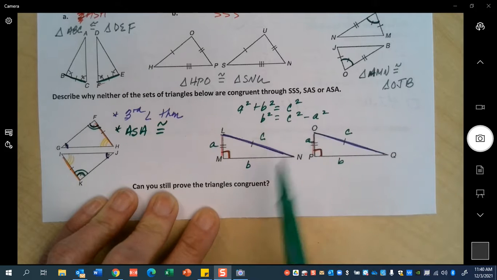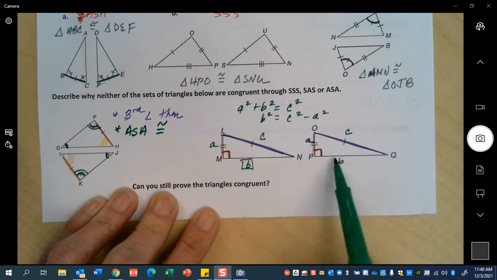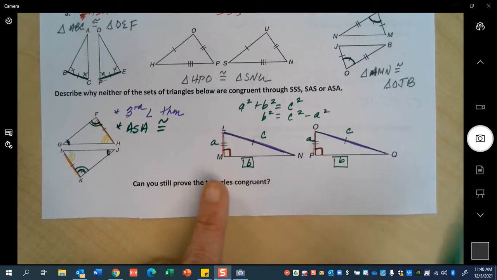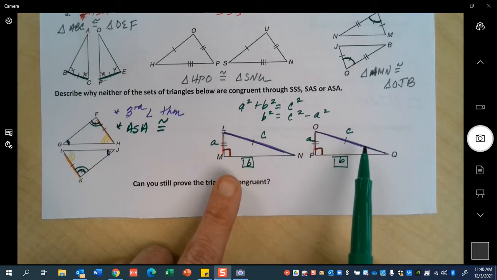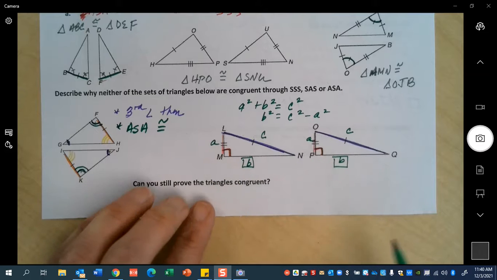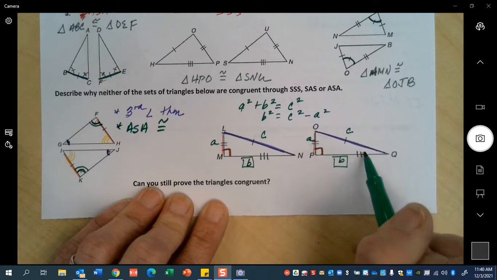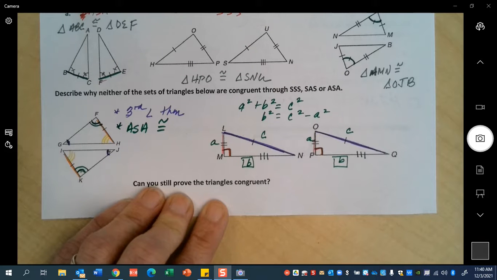You okay with that? Because aren't I solving for b? So isn't it going to be the same because a and c are the same? So if I put this guy through Pythagoras, am I going to be able to prove that it's congruent to itself? Yes. So what kind of congruence do I have?